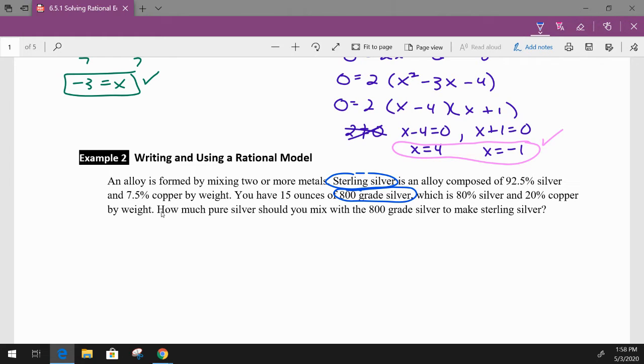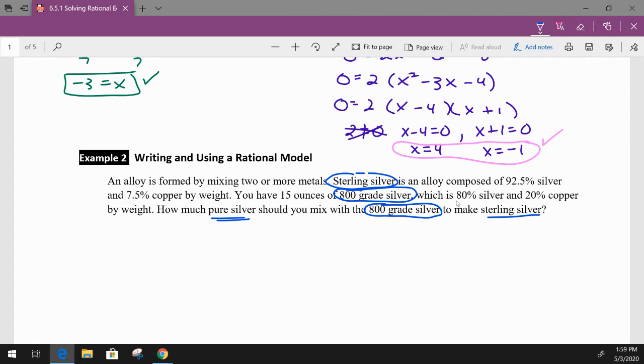So you have to answer the question, how much pure silver, and pure silver is like 1000 grade or 100% silver, there's no copper in it at all, should you mix with the 800 grade silver. Remember that 800 grade silver just means that it's an alloy made of 80% silver, to make sterling silver.